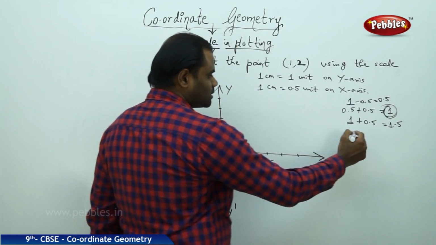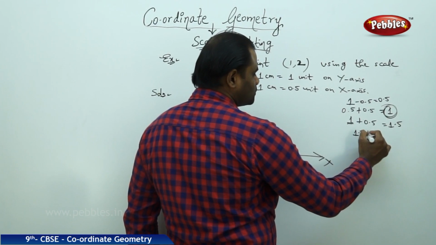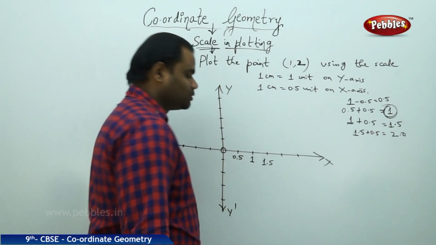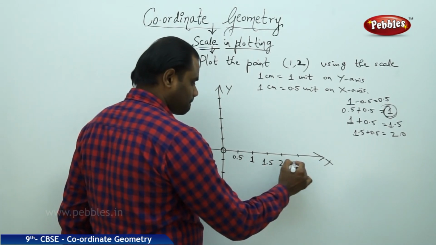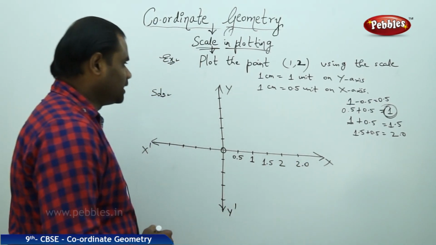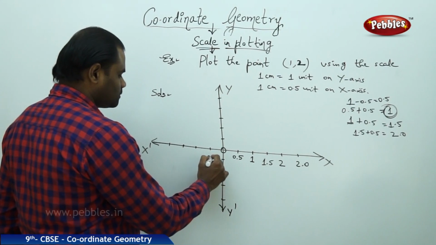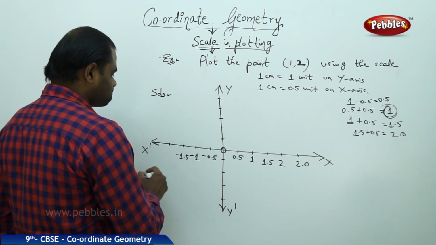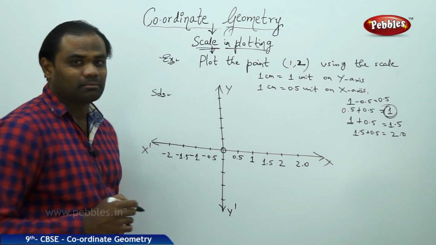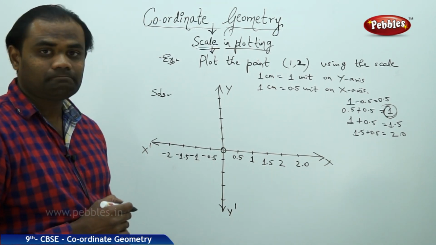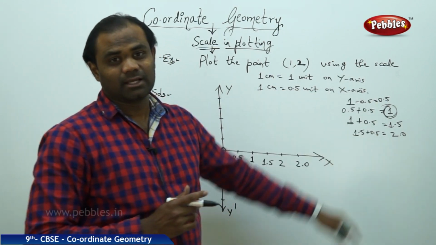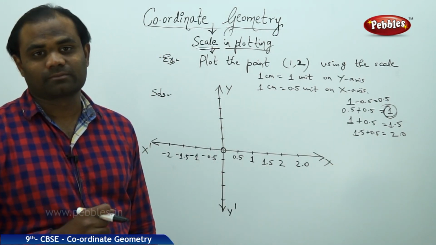The next is adding 0.5 to 1.5, which gives me 2. And then on the left, minus 0.5, minus 1, minus 1.5, and minus 2, etc. This is how the scaling is done on the x-axis according to the given question.